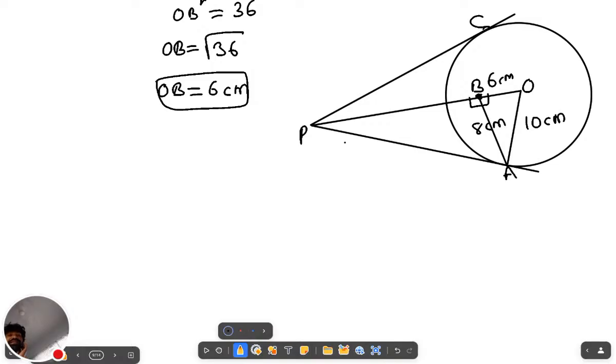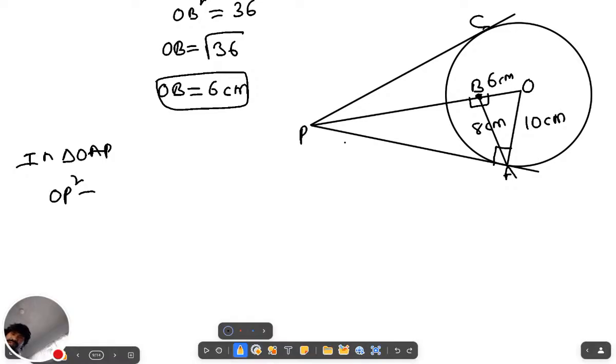Now again apply the Pythagoras theorem for triangle OAP. In triangle OAP, the angle at A is 90 degrees because the angle between the tangent and radius is 90 degrees, right? So if the angle at A is 90 degrees, OP is the hypotenuse. Apply the Pythagoras theorem.